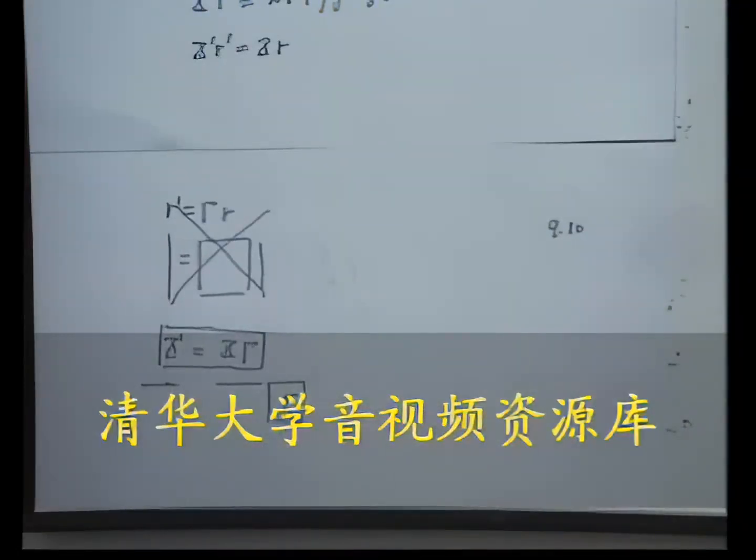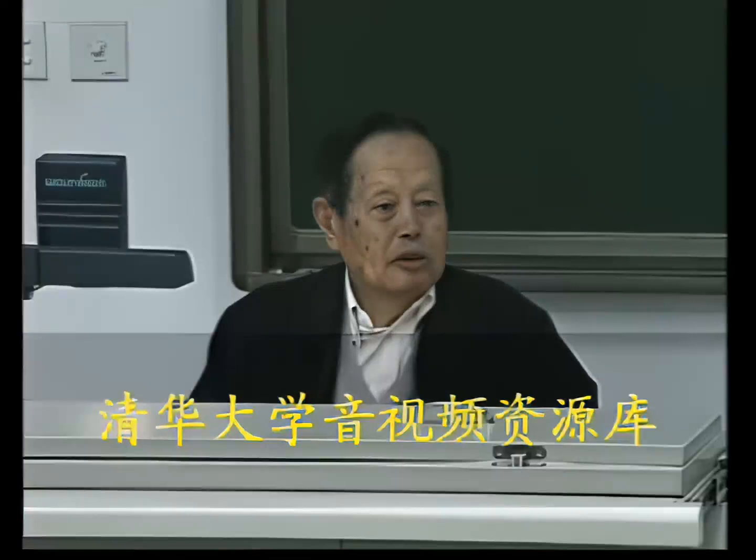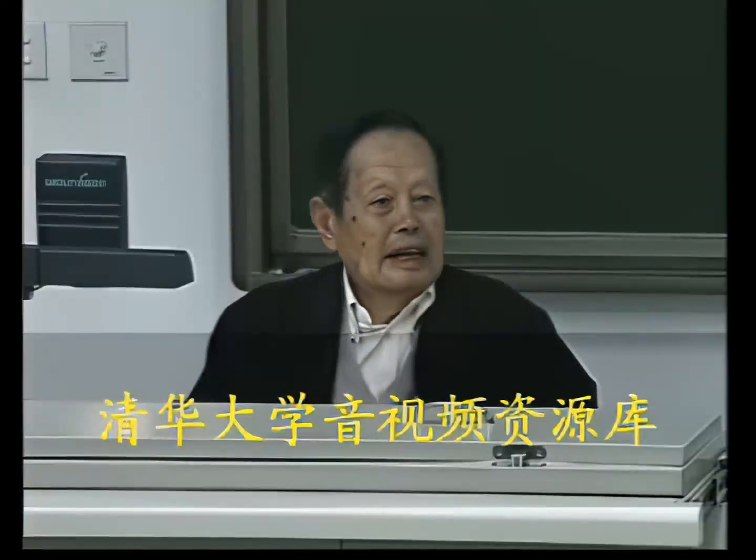There are 9 elements of gamma. Each element is the coefficient in the expression of i prime or j prime or k prime in terms of i, j, k.